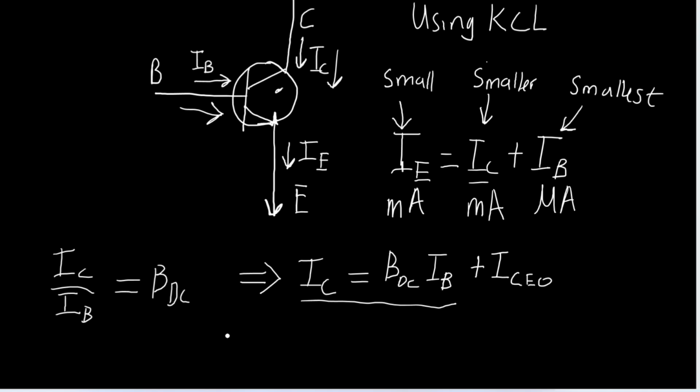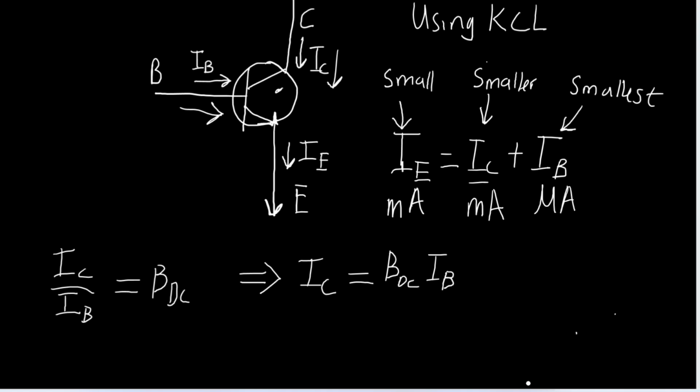It is the current that exists when there is no IB. So when IB is equal to 0, your IC is equal to ICEO. But this value is so small that it is normally neglected. So for that reason, we won't be using it in our solving unless we are asked to use it.